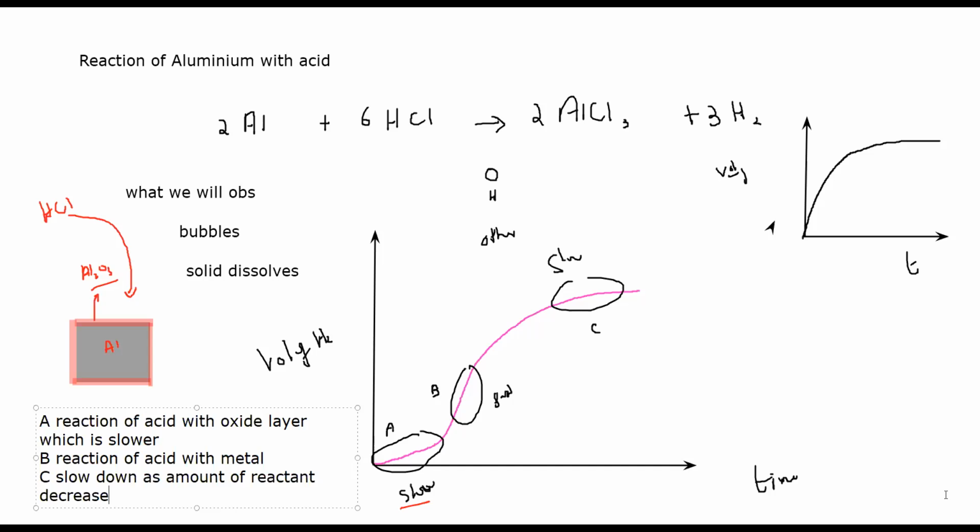Then the properties of aluminium and its uses, for example, the uses of aluminium. Number one, we can use it for aircraft bodies.